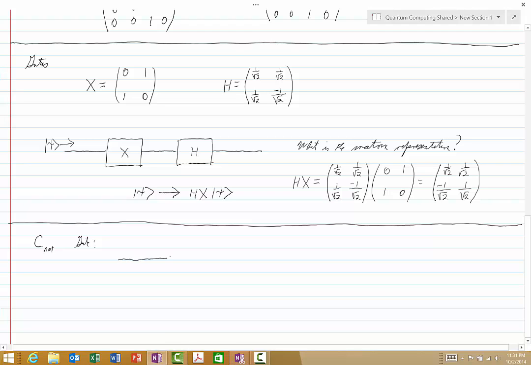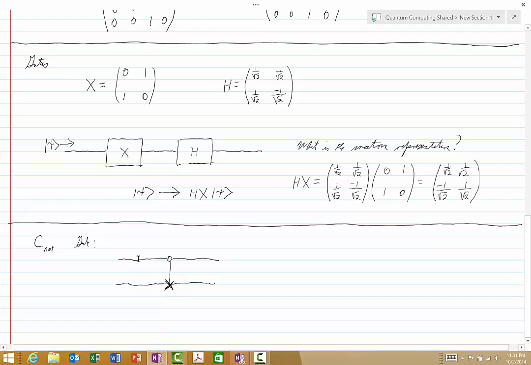Now it acts on two qubit states, and the symbol for it is this. And the way that the controlled NOT gate works is the following.